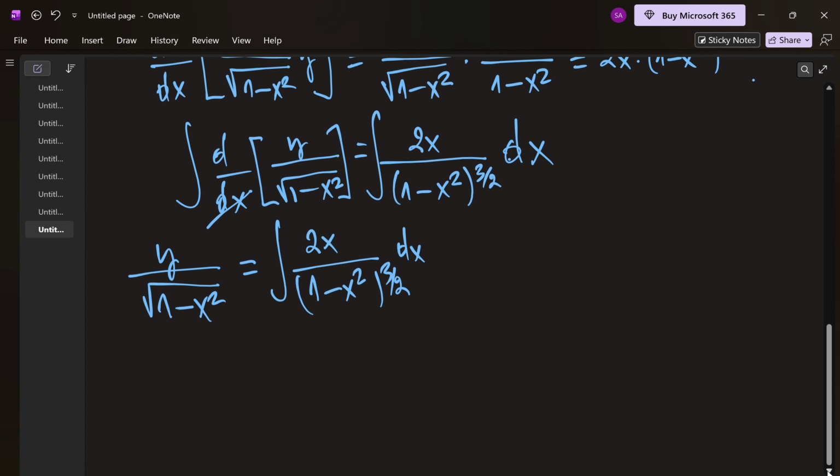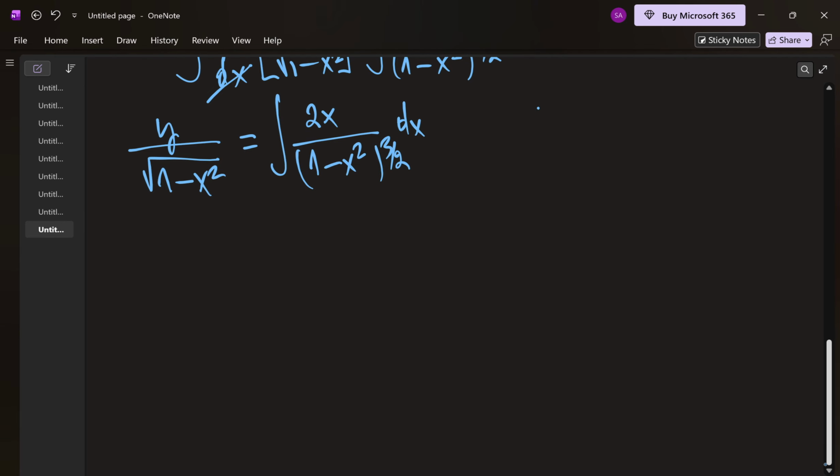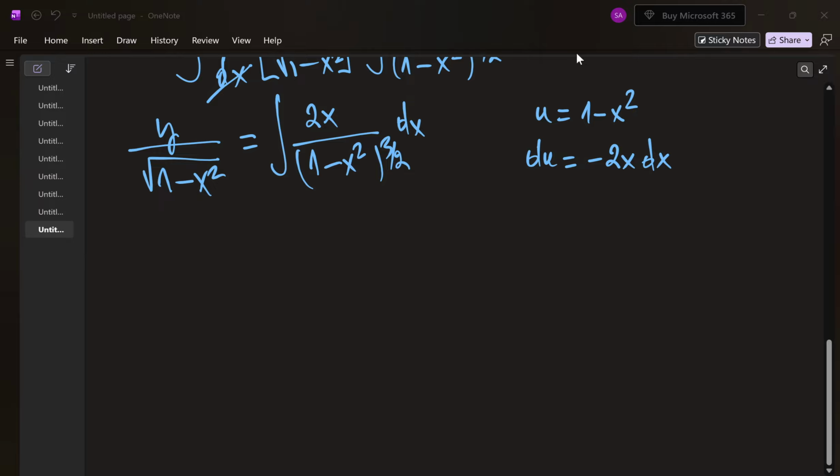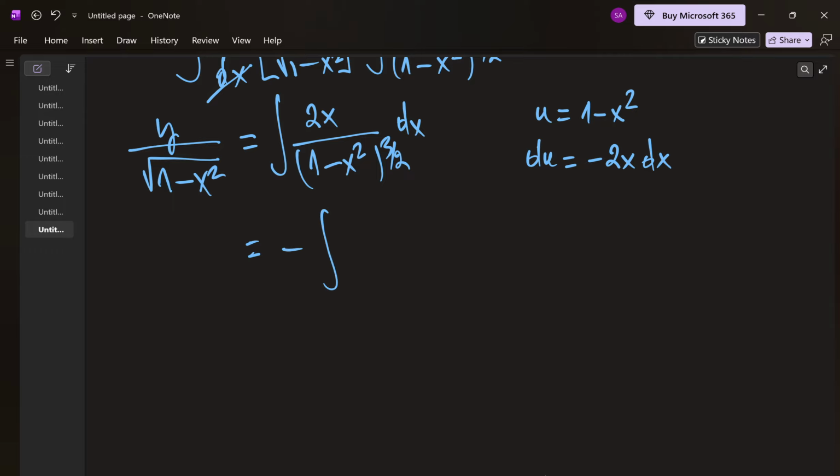So here when you take u as 1 minus x squared, so du becomes minus 2x dx. You substitute into the equation, you will find that it is actually equal to du over u to the power 3 over 2.